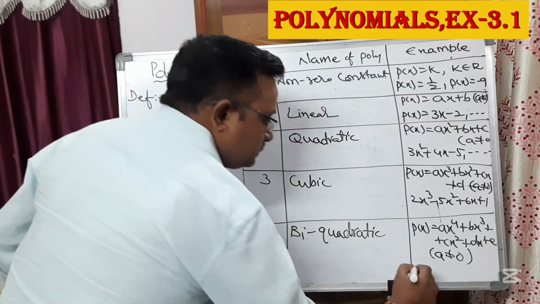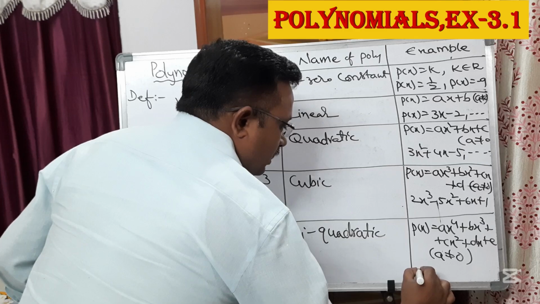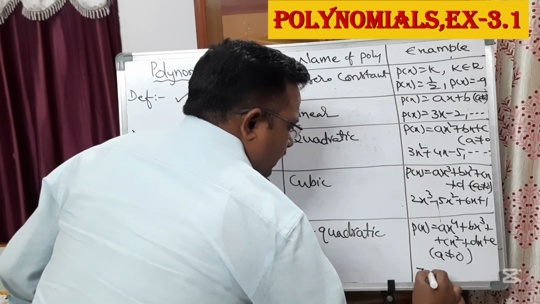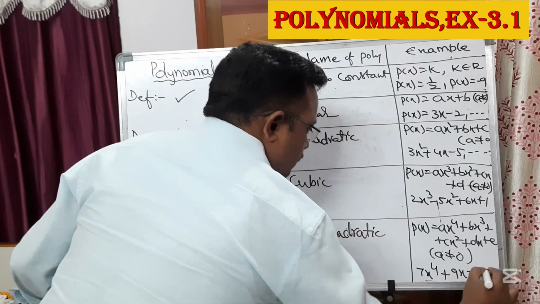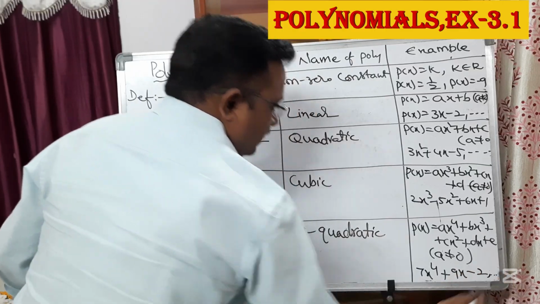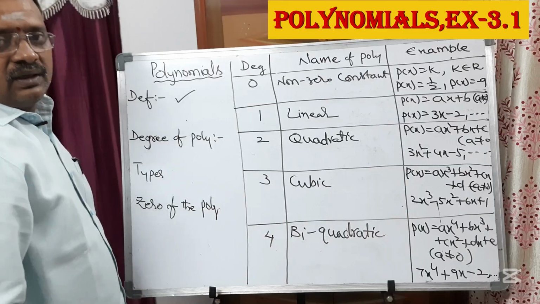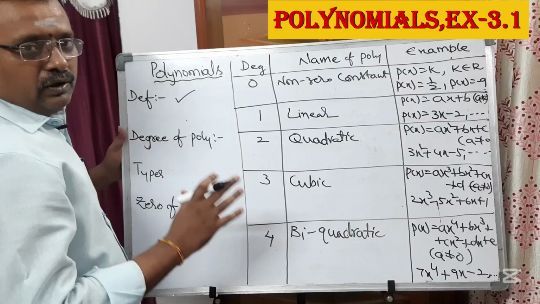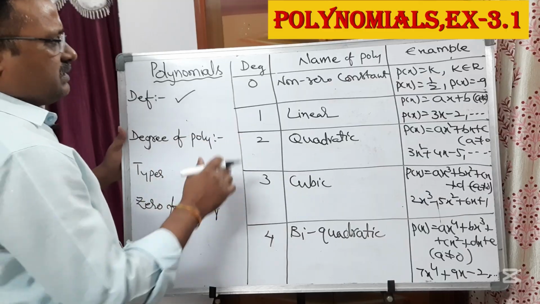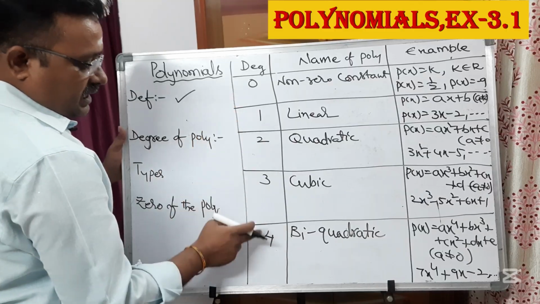Simple example: 7x power 4 plus 9x minus 2, and so on. Like that, infinitely many examples you can take. Those are the different types of polynomials according to our syllabus, based upon degree.